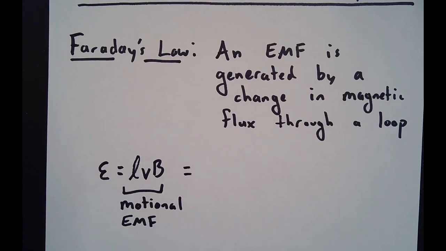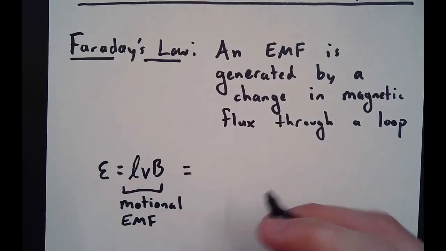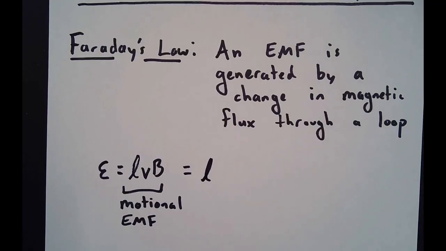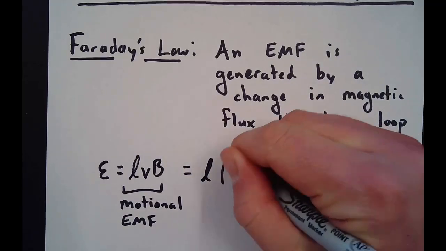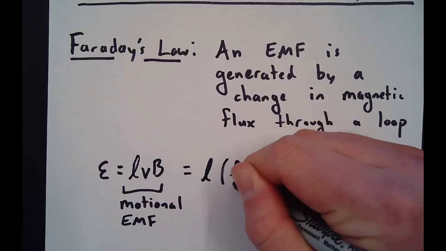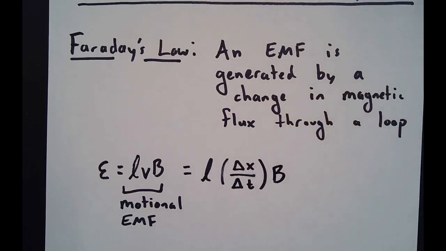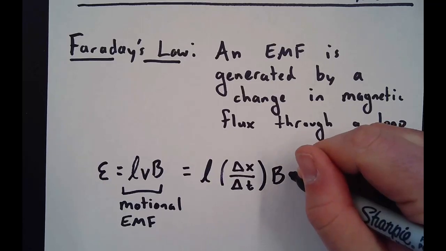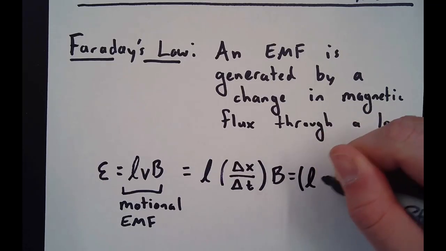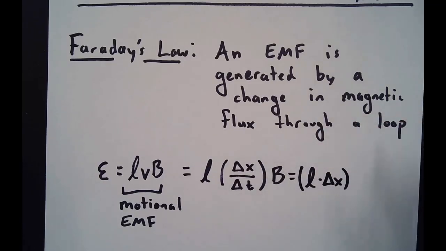The way we're going to do that is by looking at v to the right, and v is going to be delta x over delta t, times B. We're going to do a little bit of regrouping with this: L times delta x times B over delta t.